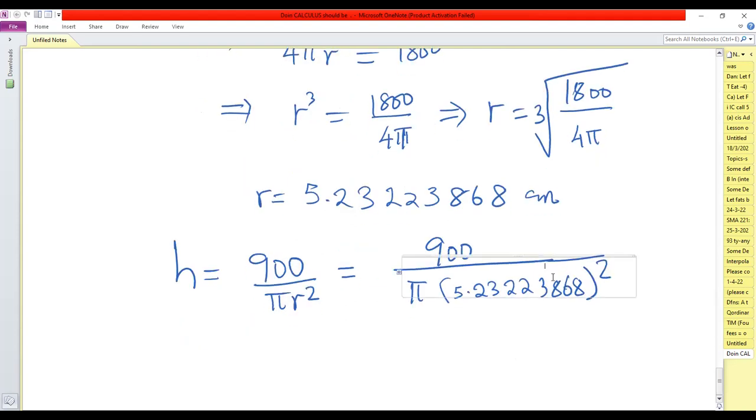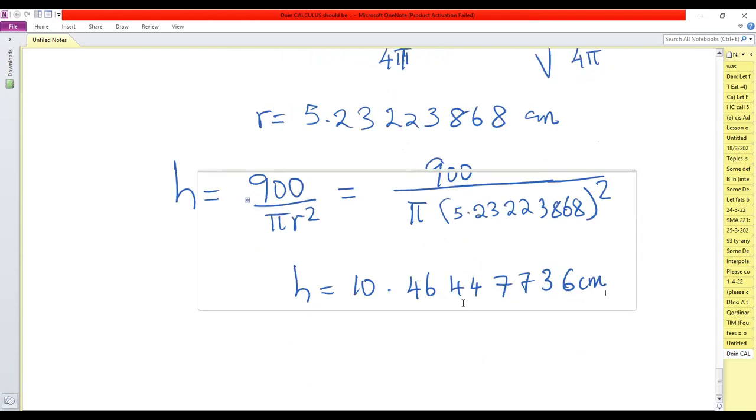When you work this out, H will be given by 10.46447736 centimeters.